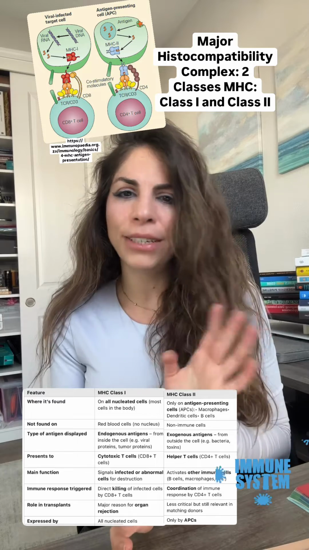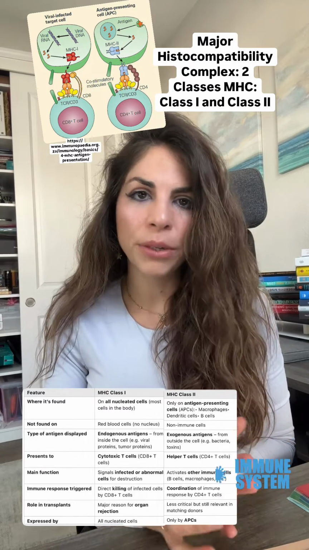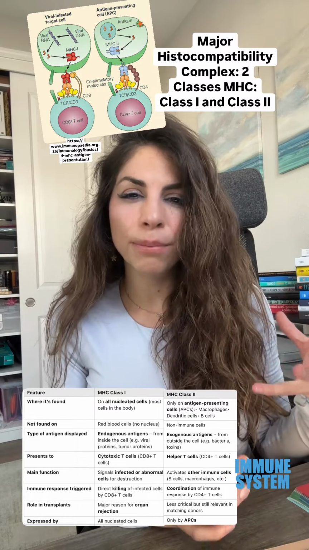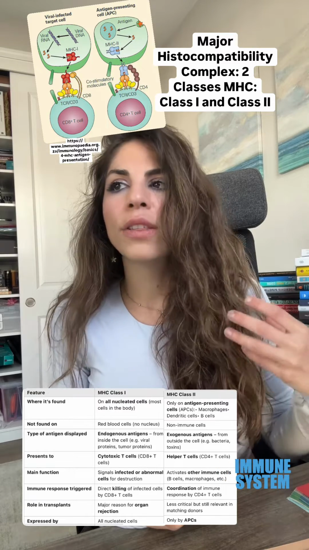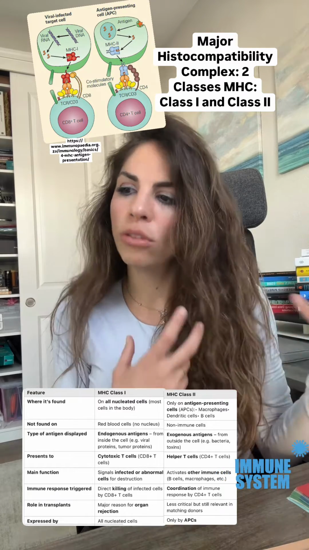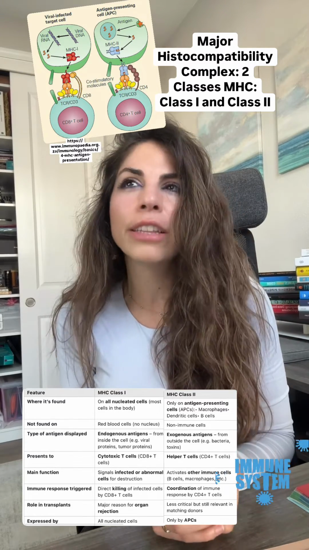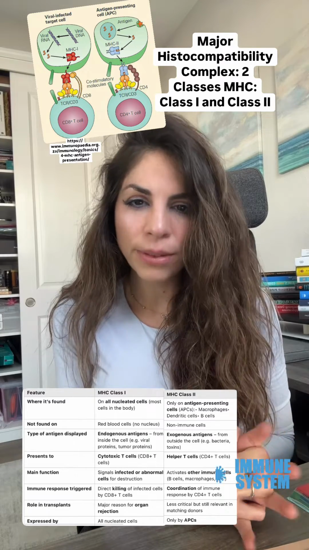There's also transplant compatibility. Everyone's MHC genes are different. If you receive an organ from someone whose MHC is very different from your own, your immune system probably will see it as foreign and a threat and attack it. This is why when doctors are doing transplants, it's very important to do something called MHC matching. This is also important for autoimmune diseases.